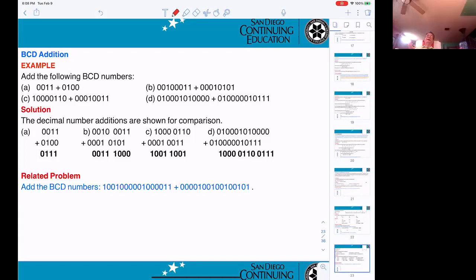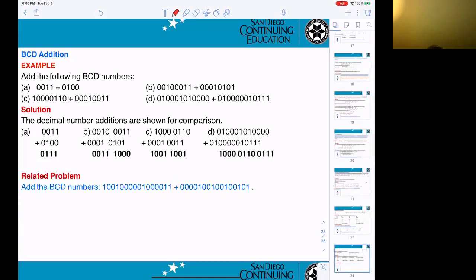Right. Adding is normal. However, you can run into a problem when the number you're adding in binary is higher than 9. Then you have to add in 6 more.